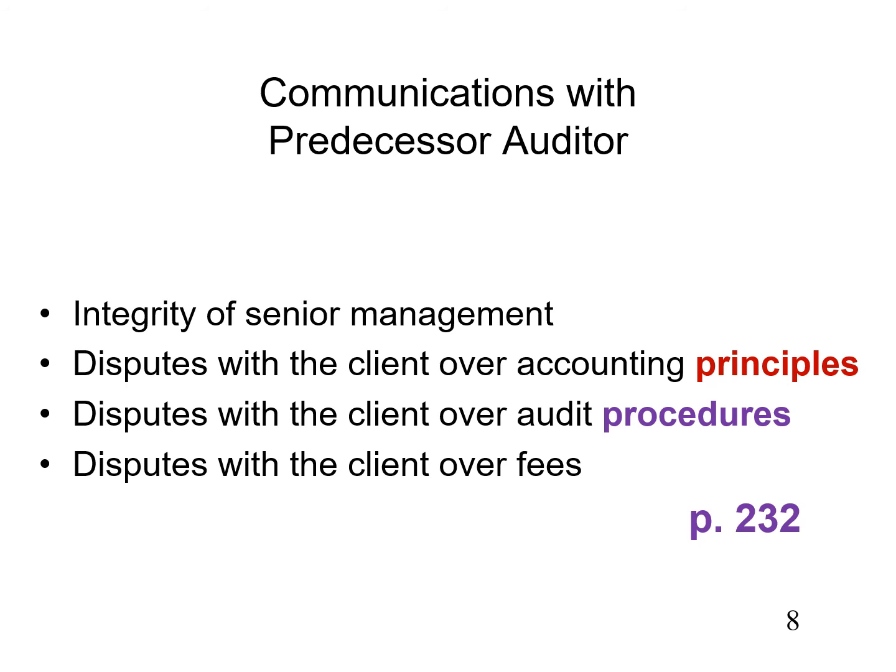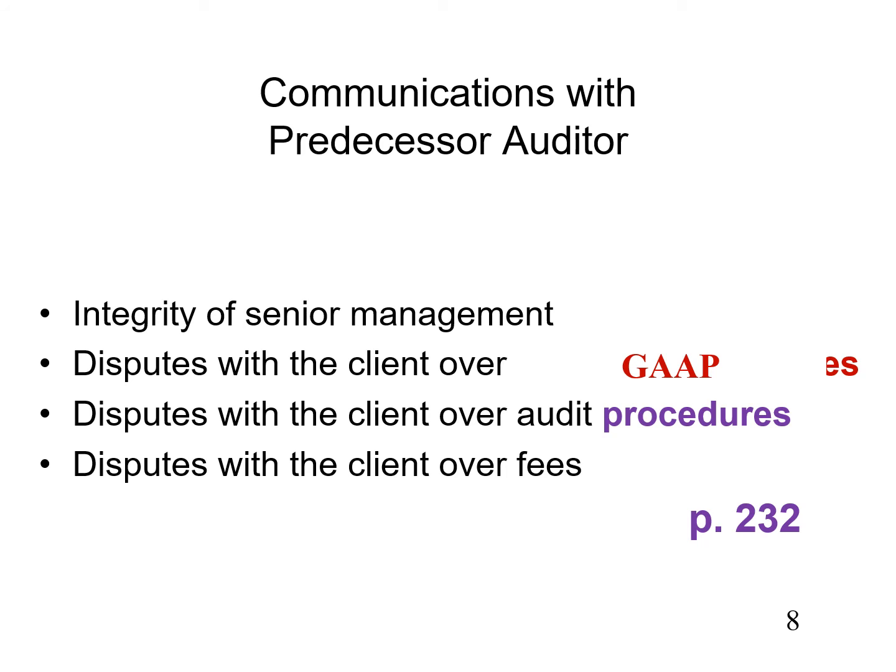Disputes with the client over accounting principles. Disputes with the client over audit procedures. Disputes with the client over fees. Now, for disputes with the client over accounting principles, you can substitute disputes with the client over GAAP. That's fine. Now think about the financial statements. Who is responsible for the financial statements?